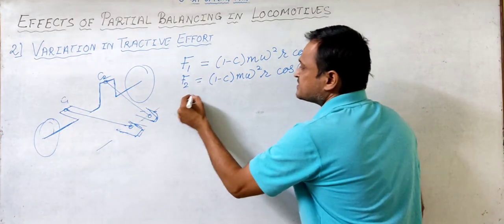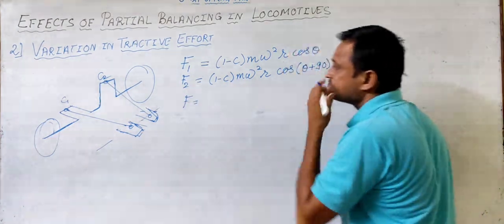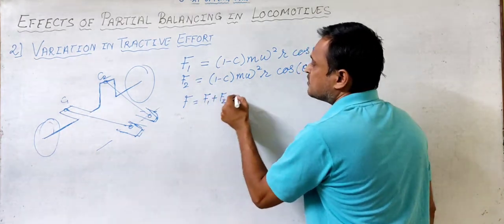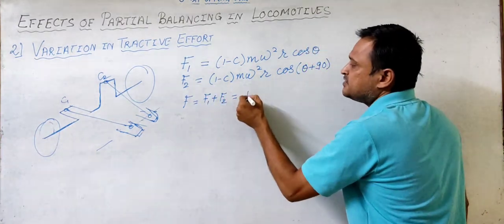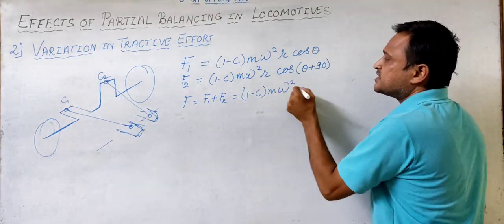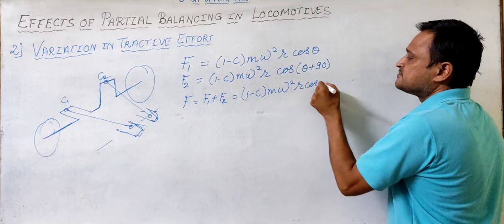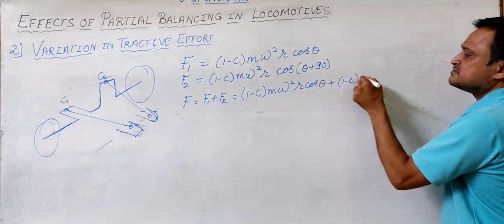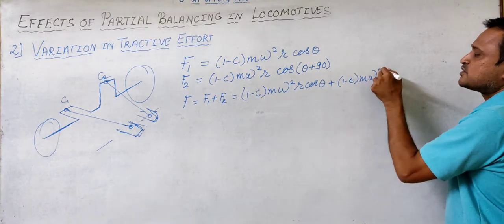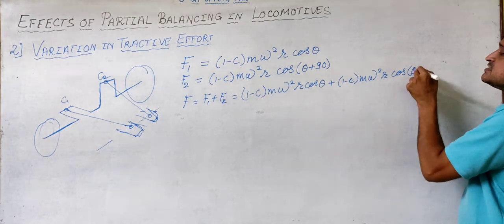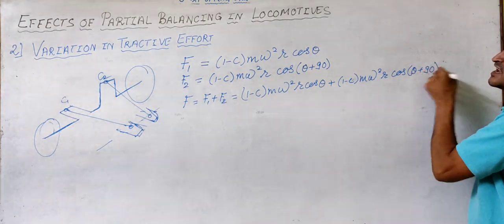So I can say this F total will be F1 plus F2, or (1 minus c) times m omega square r cos theta plus (1 minus c) times m omega square r cos (theta plus 90).